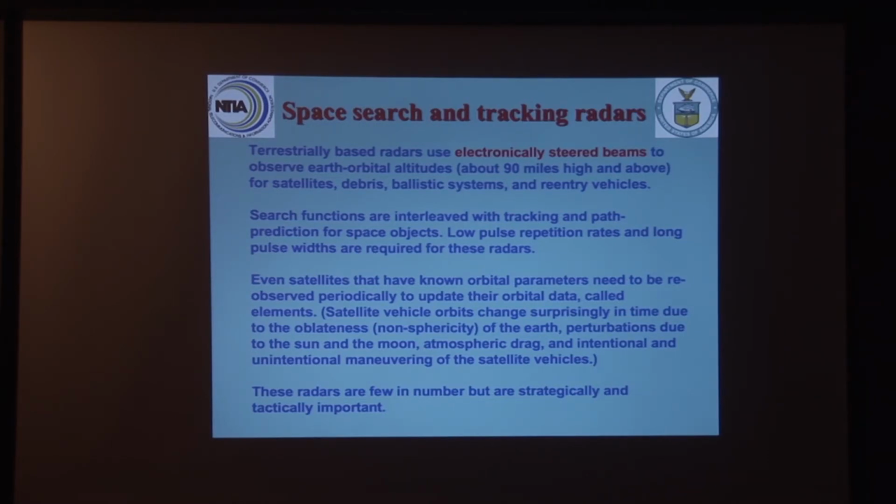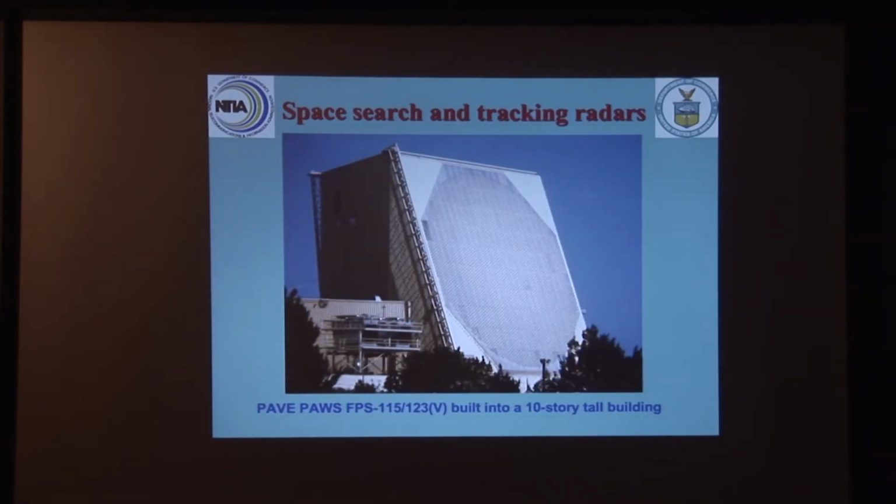So one of the things that is done with space search radars is to regularly come back and look at known satellites as well as looking for any new satellites and space debris and update the orbital parameters for the satellites. These radars are few and far between, but they're very important strategically.